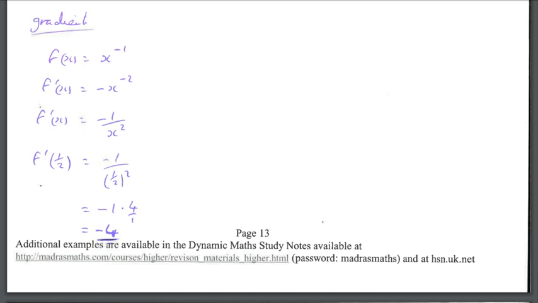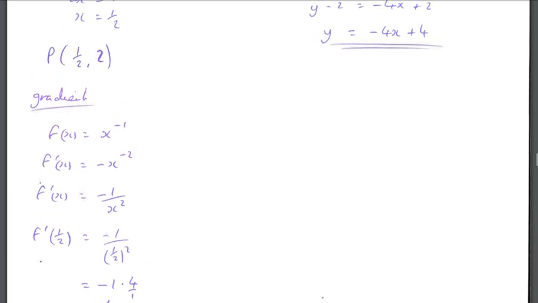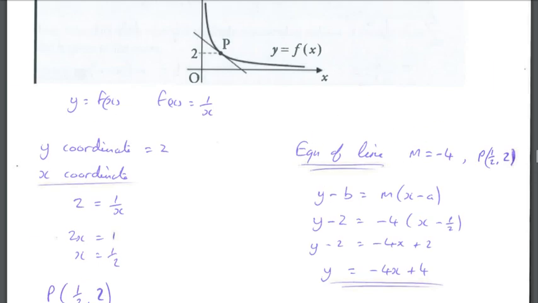If I square 1/2, 1 times 1 over 2 times 2, so I have -1 over 1/4 here. So I'm dividing by a fraction, so I'm going to flip it upside down and multiply by it. So I've got -1 multiplied by 4, which is just -4. So we have a gradient of -4 at the point (1/2, 2).